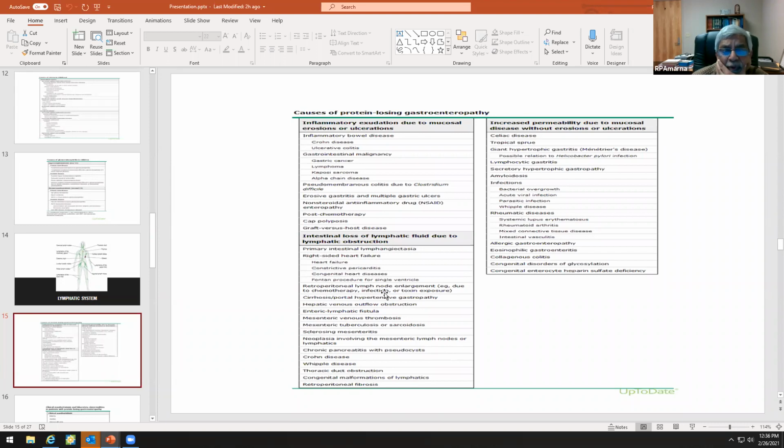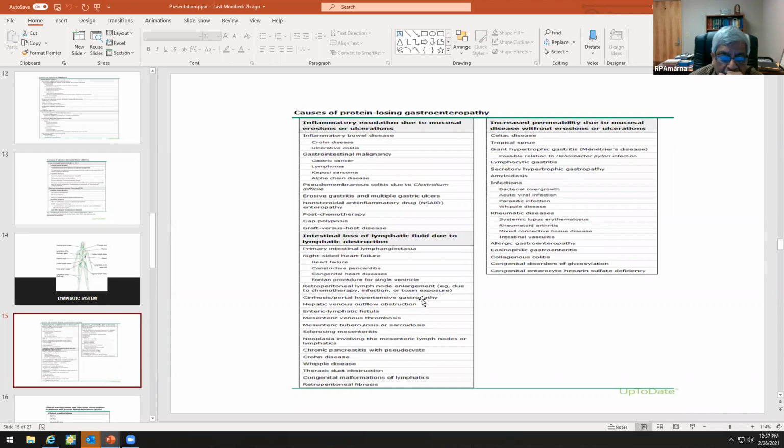The retroperitoneal lymph node enlargement, either due to chemotherapy, infection, or hyper-IgM syndrome or hyper-IgE syndrome, these people will tend to have significant leakage as well. And finally, cirrhosis not only causes ascites in other ways, it can also cause back pressure in the small bowel and also lead to lymphangiectasia and eventually protein-losing enteropathy as well.